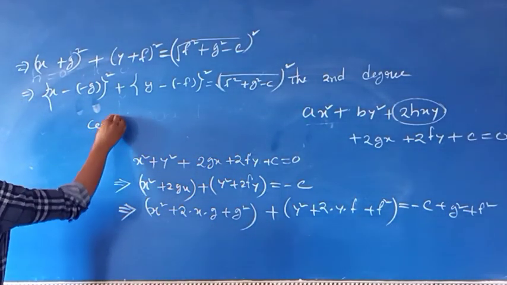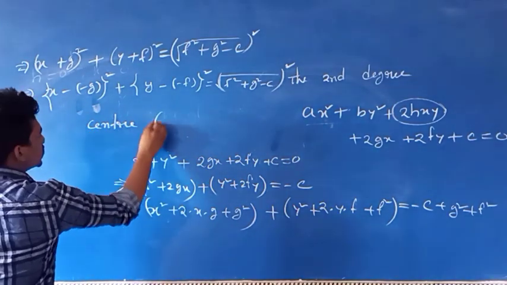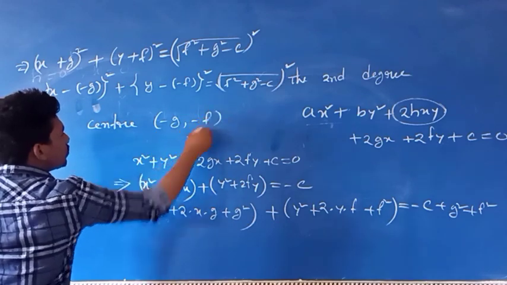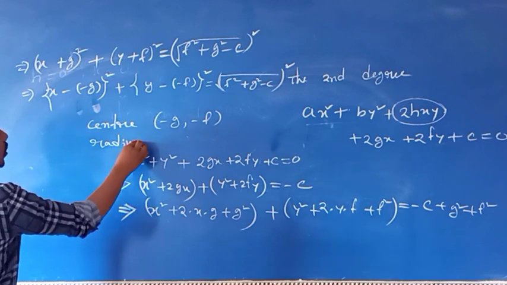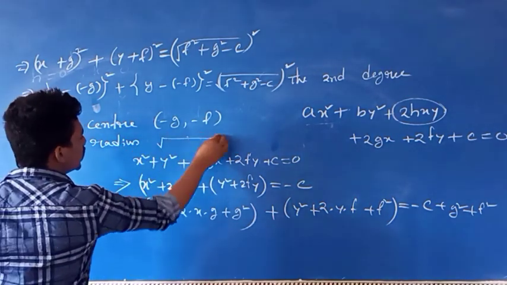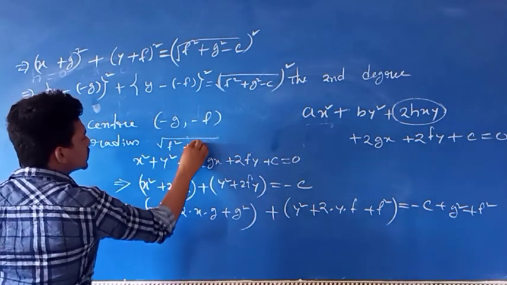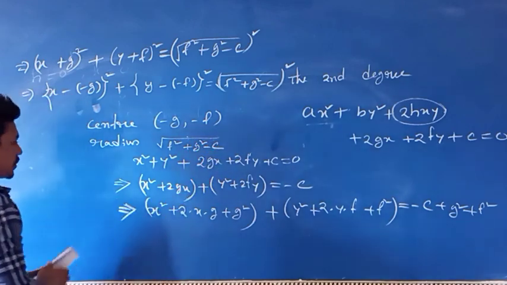So the center of the circle is (minus g, minus f), and the radius of the circle is root over g square plus f square minus c.